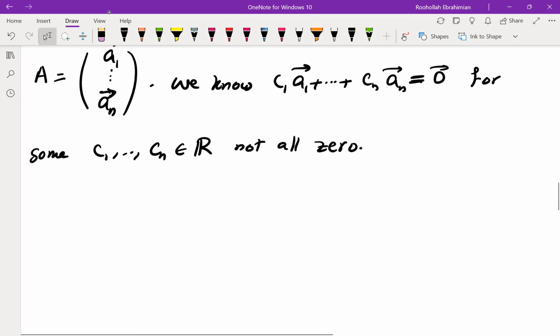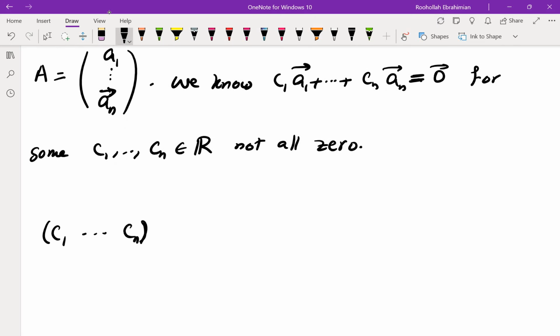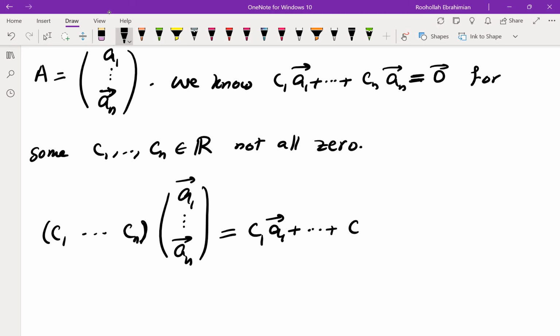So what does that mean? It means if I look at the vector C1 through Cn and multiply that by A1 through An, I'm going to get C1A1 all the way to CnAn. And what is that? That's exactly 0. And this is exactly A.